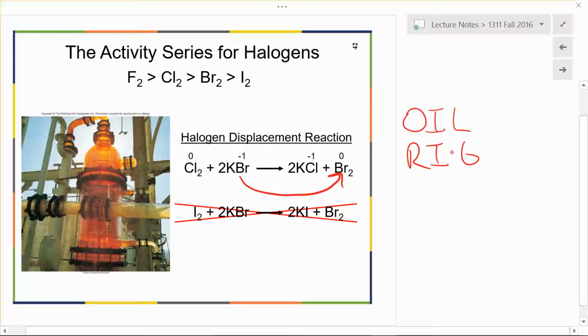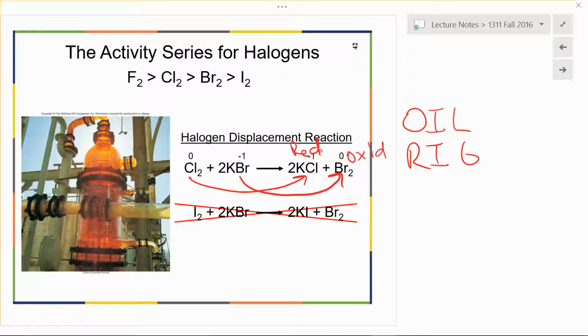Okay. So this is oxidation. Bromine was oxidized. Chlorine was reduced, right? So chlorine was reduced. Bromine was oxidized.